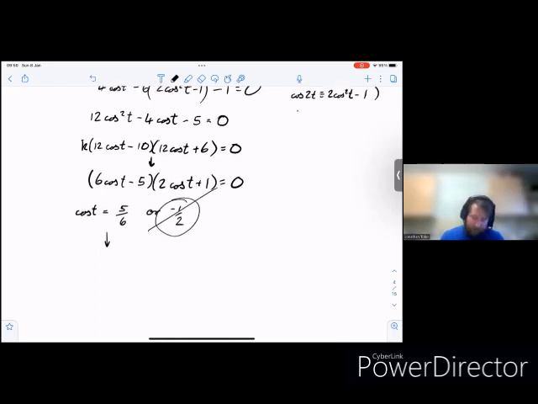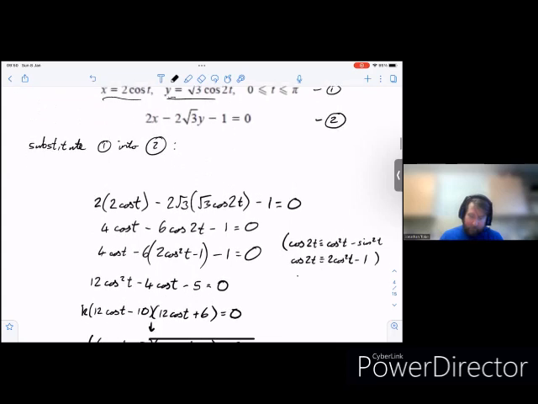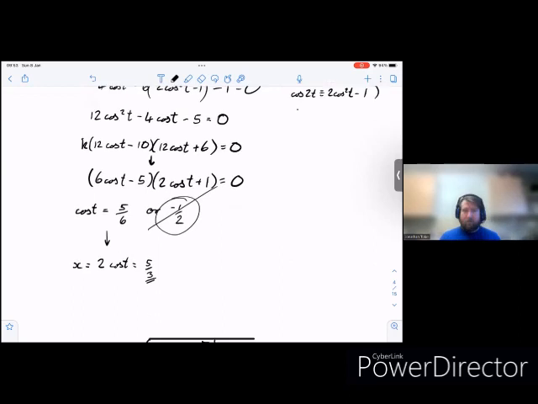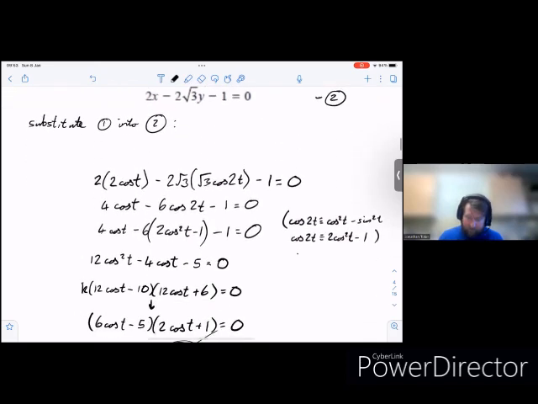Okay, so if cos t is 5/6, we're wanting the coordinates. So x equals 2 cos t, which is just 5/3, and for y, y equals √3 cos 2t.